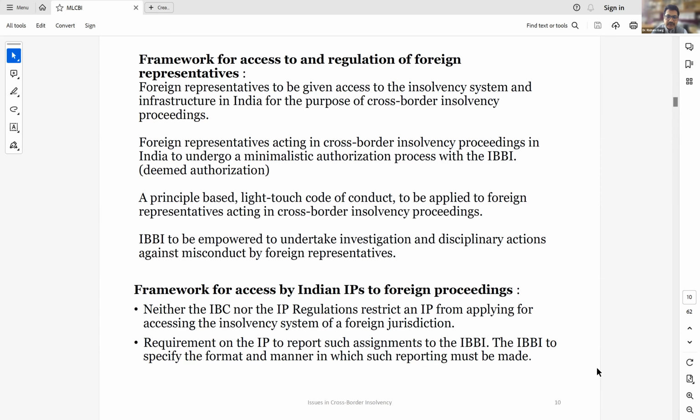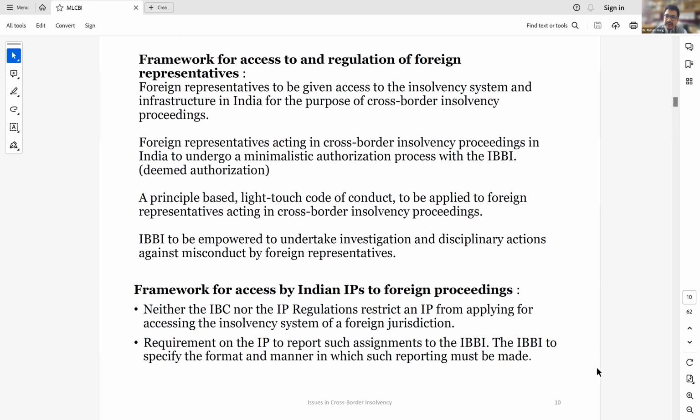So what is the framework for access by Indian IPs to the foreign proceedings? Neither the insolvency code nor the IP regulations restrict an IP from applying for access to the insolvency system of a foreign jurisdiction. It has happened before: even if in India we do not have a cross-border insolvency framework, some countries, under principles called the principle of comity, will recognize the court processes.